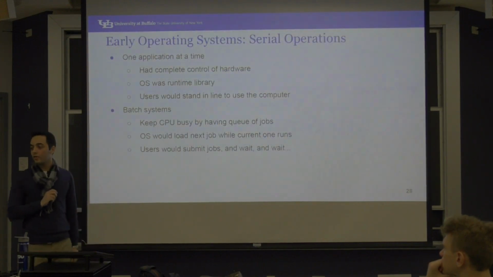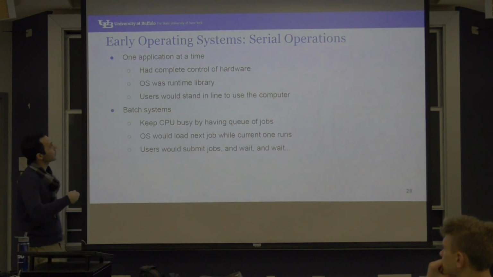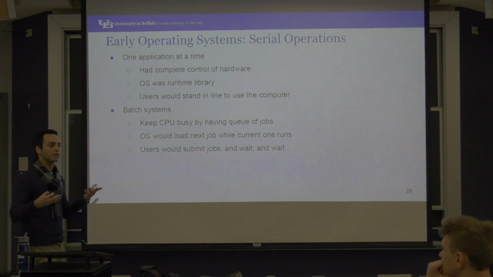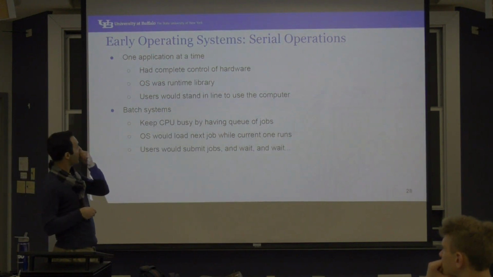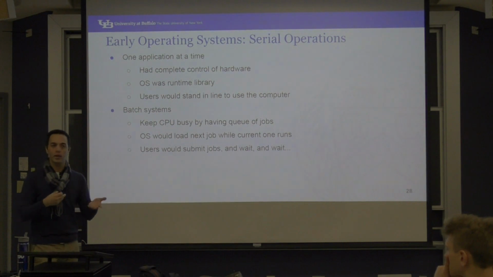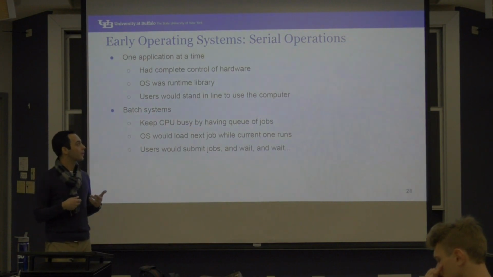So the serial operation of early operating systems allowed different people at least to run one application at a time. But then the OS was a runtime library that provided some services and code for the programs, and users would stand in line to use the computer. Again, similar to that, one at a time. And then came batch systems, where they wanted to keep the CPU busy by having queues.